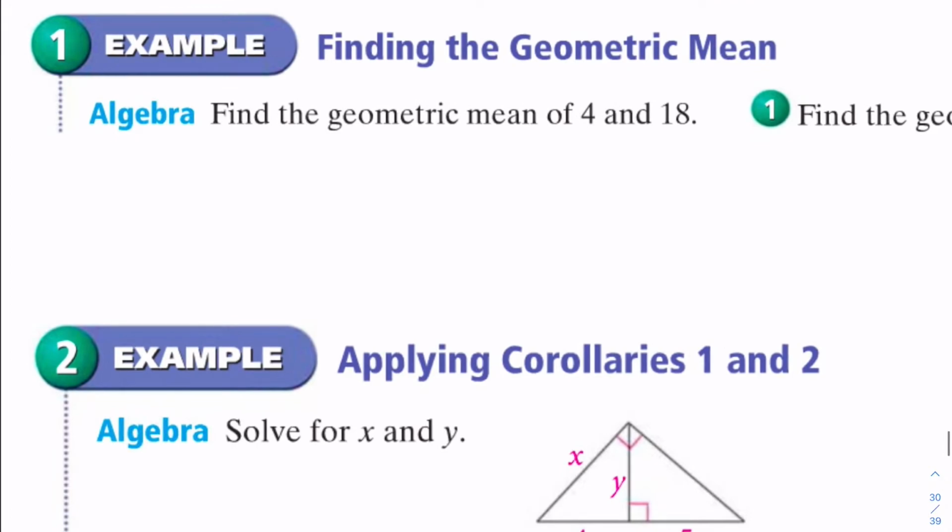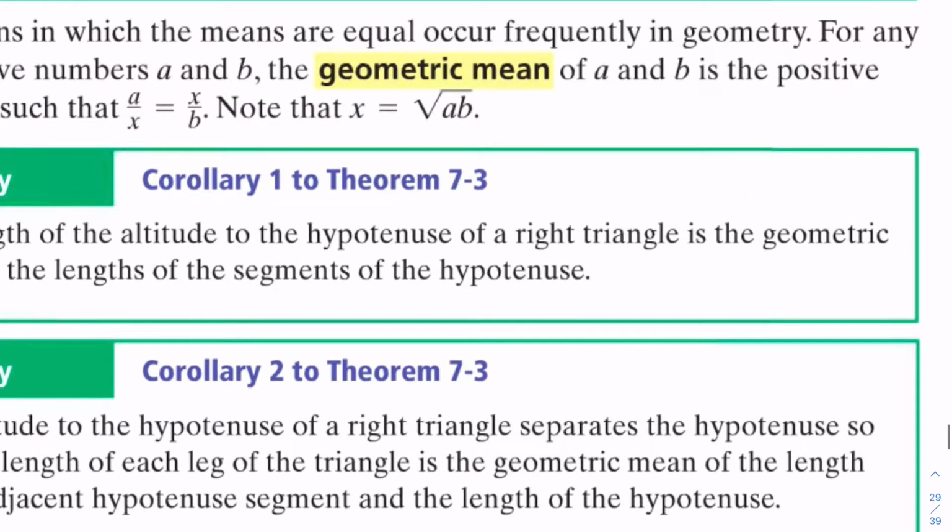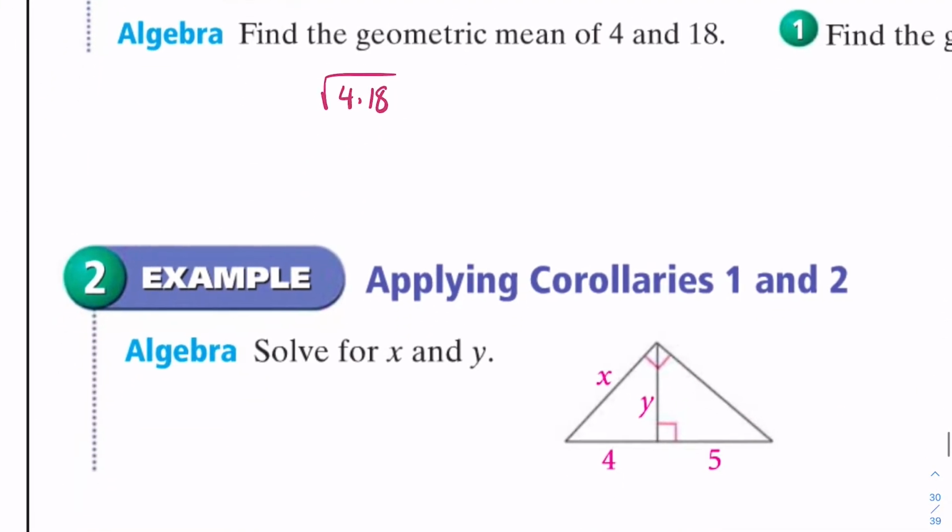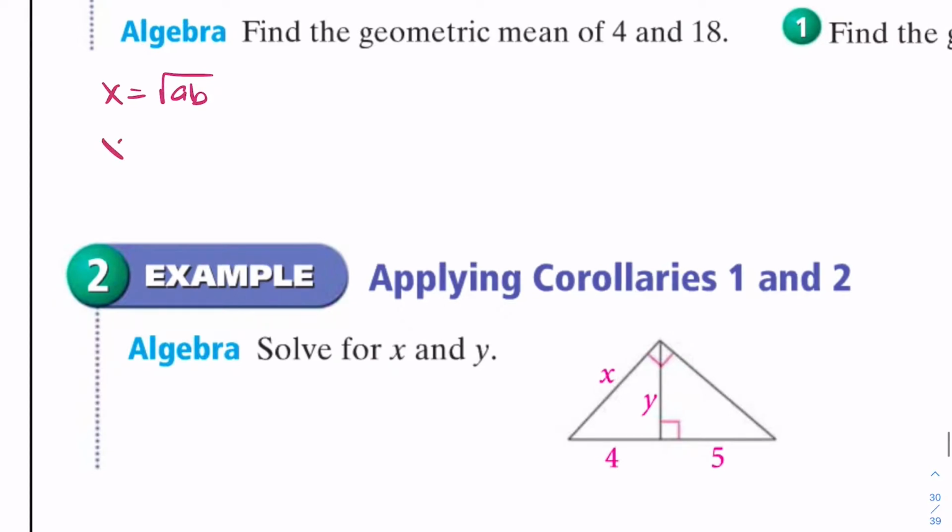Number one says find the geometric mean of 4 and 18. So we're going to have the square root of 4 times 18. That's what this was asking, the geometric mean, the square root of ab. So x is equal to the square root of 4 times 18.